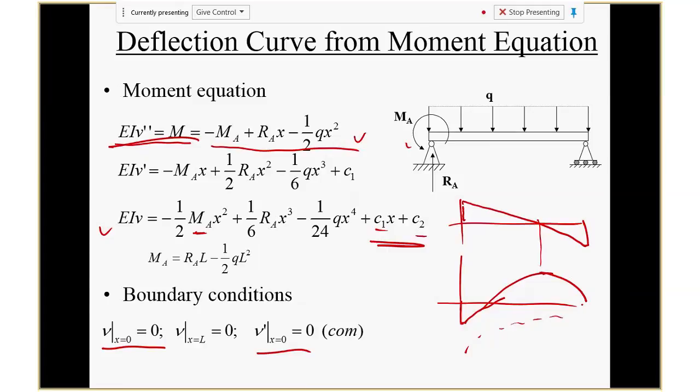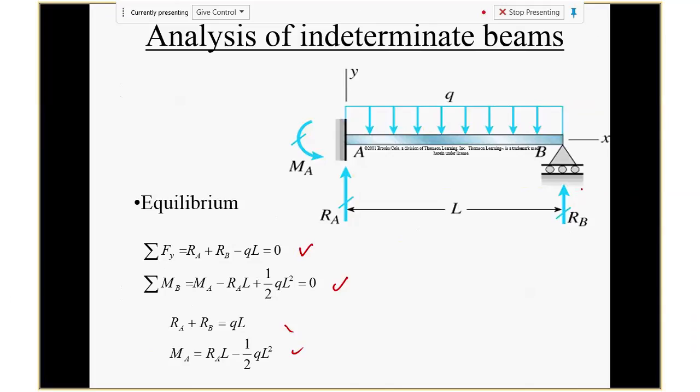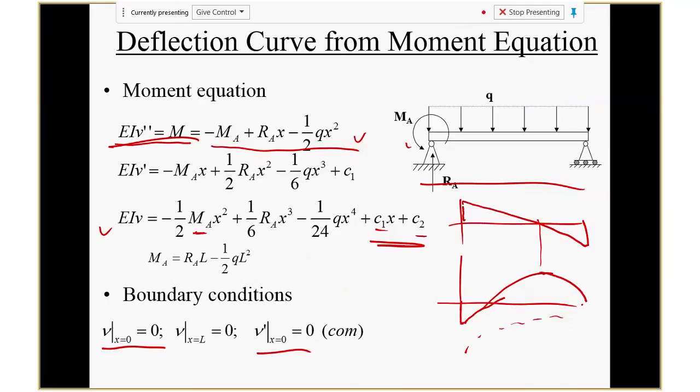You need an additional equation, right? That matches it. Let me change the question this way: how can this beam deform the same way as this beam? What's the condition that makes this beam the same as the other beam? How are they different when they deform, if you compare these two beams?